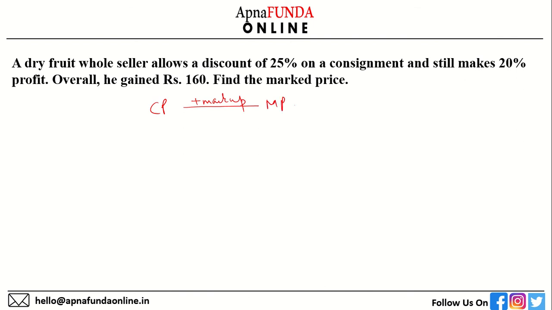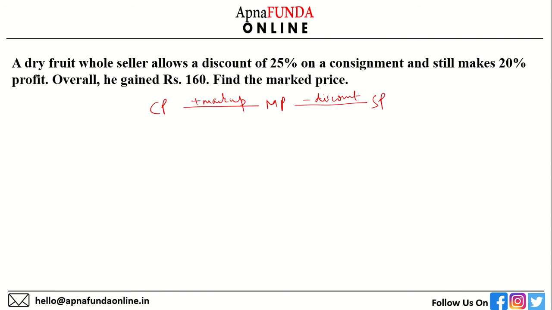And then on the marked price, there is a discount. And then I arrive at the selling price. Correct. Now, what is given is the wholesaler has allowed a discount of 25% on the consignment. And despite that, he made a 20% profit.